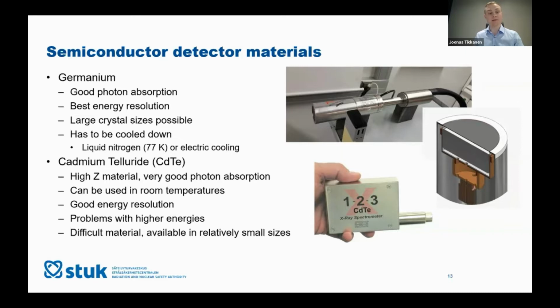It also has quite good energy resolution, but when you go to higher energies, it starts having problems due to multiple reasons. And also it's a bit difficult material, and nowadays at least it's available only in relatively small sizes, which again for these low energy measurements is not a problem, but when you start going to high energies, then it can be.